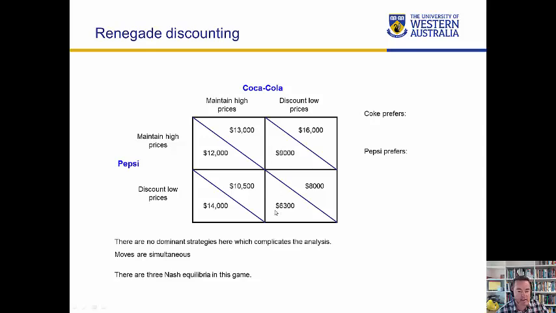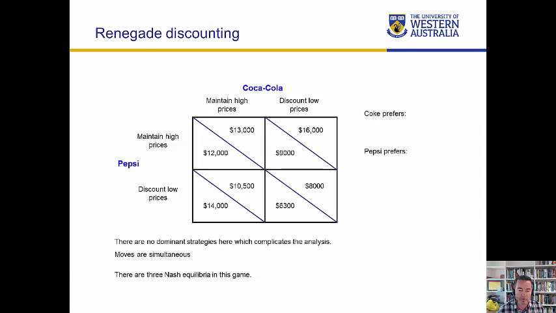But that makes sense if the game is played just 1 or 2 periods. But if it's an ongoing game, then if Coke somehow gets to this top right-hand quadrant by cutting prices, even though that is a Nash equilibrium in a static sense, in a dynamic setting, it won't be, because even though Pepsi has no incentive in the short term to actually lower its profits from 9 down to 6,300, by cutting its prices too in response to a price cut by Coke, it'll actually be forced to.